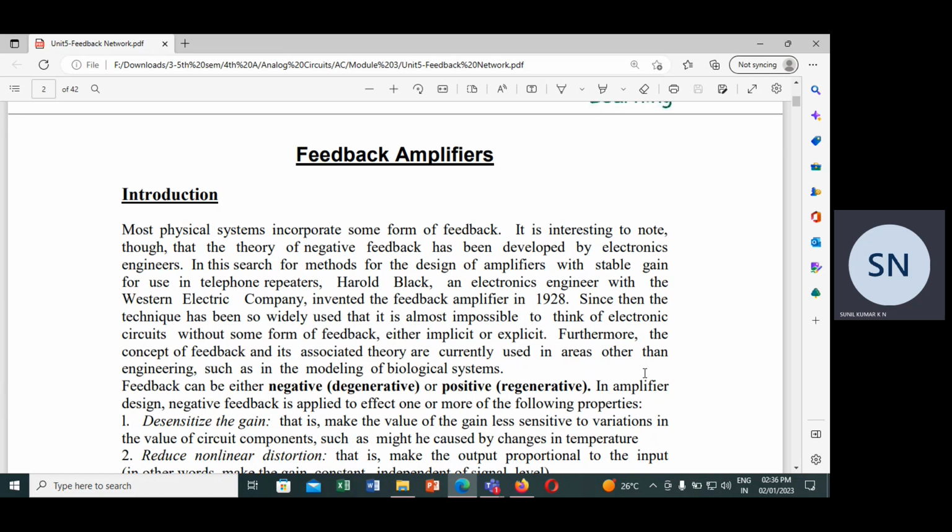How we have learned it is common source with source resistance. When you add that source resistance, it acts like a negative feedback action. Even though there is no direct connection from the output to the input, here the resistance RS is going to act like a source degenerative resistance, and its purpose is a negative feedback action.